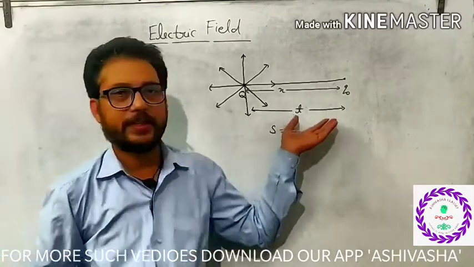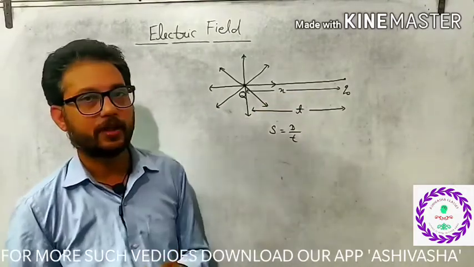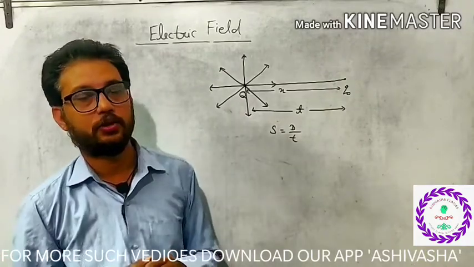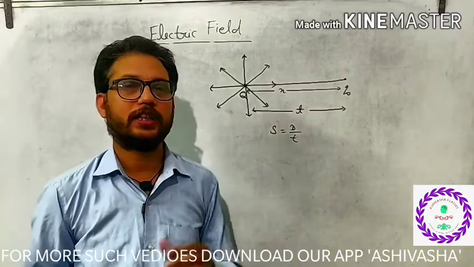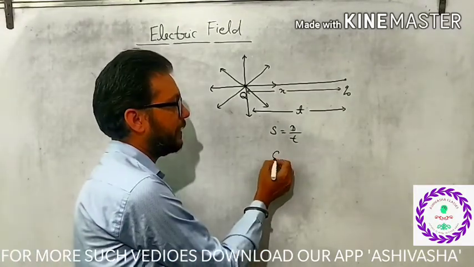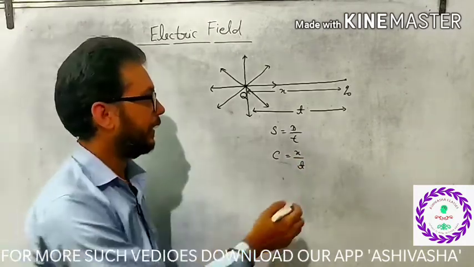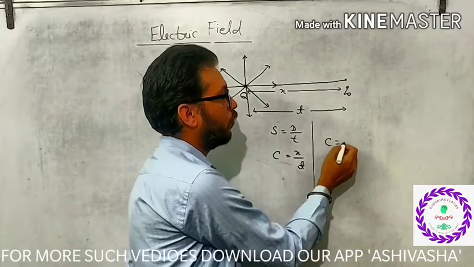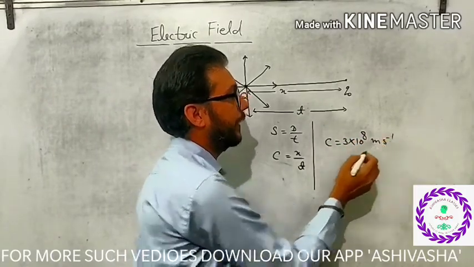Now as you can see in the diagram, distance is x, time is t. What about the speed? The speed of the electric field is the speed of light. So we can express it: c equals x upon t, and the value of c, as you all know, is 3 into 10 to power 8 meter second inverse.